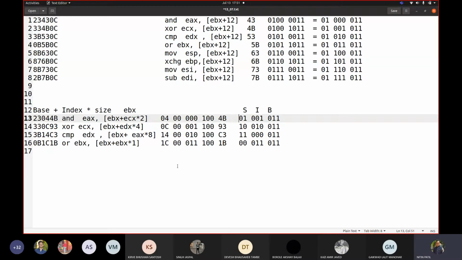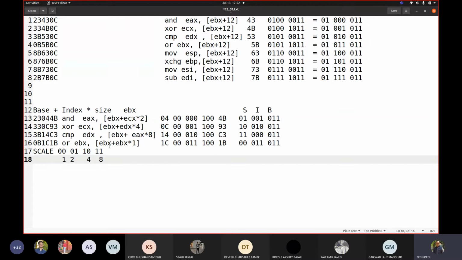The scale will have 00, 01, 10 and 11, which is meant for 1, 2, 4, 8. This is for scale whenever you are having either of these scale values.